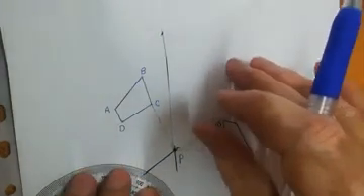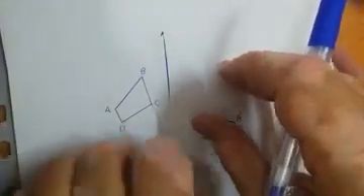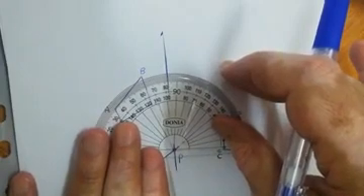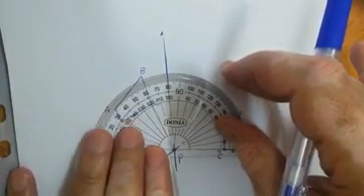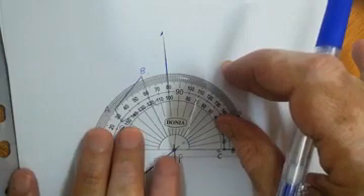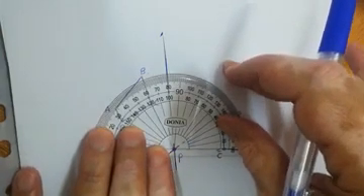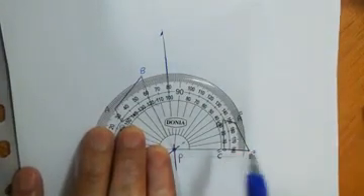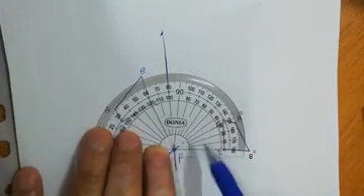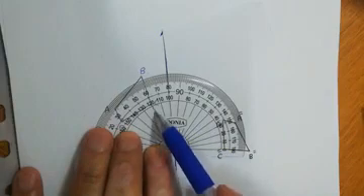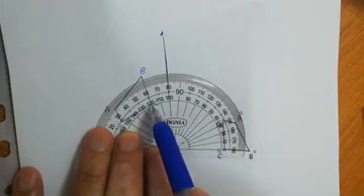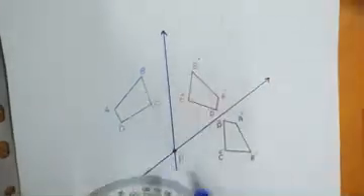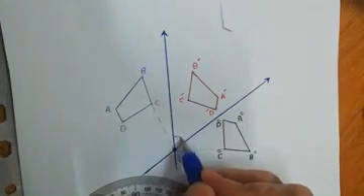Then I want to find the measure of this angle. Look, you have to put the center of this protractor on the center of rotation, and you have to line up this. Now look here, up to this second side, it's 120 degrees. It is double the measure of this angle, which is 60 degrees.